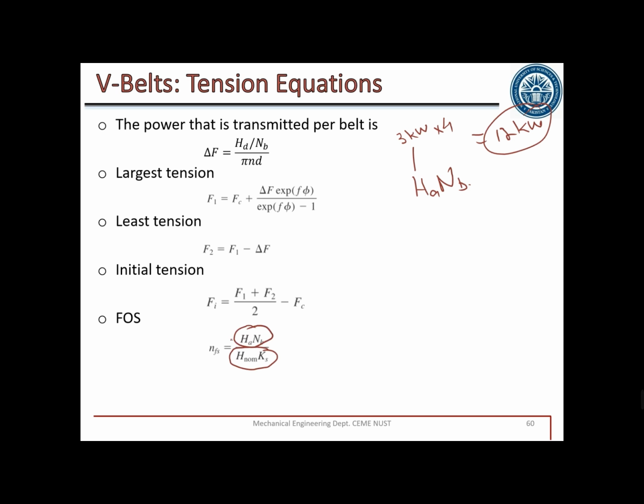So factor of safety is calculated by the maximum load it can support divided by the actual load they are supporting. That's why we are using H_a and B, because 3 kilowatt it can support, 12 kilowatt, but instead it is supporting less than 12 because we have rounded off the number of belts.